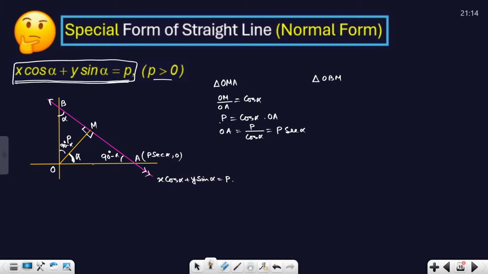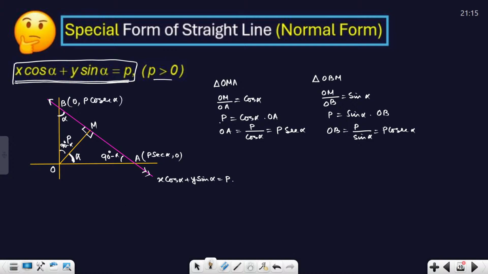In this triangle, with respect to the angle alpha, OM over OB is basically sine alpha. OM is p, so p equals sine alpha into OB. So your OB will be nothing but p by sine alpha, means it's p cosec alpha. So the point B is 0, p cosec alpha.